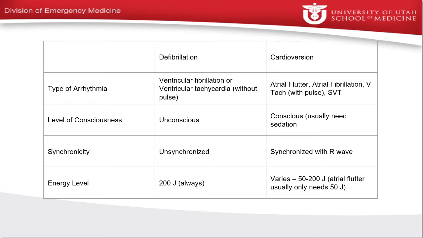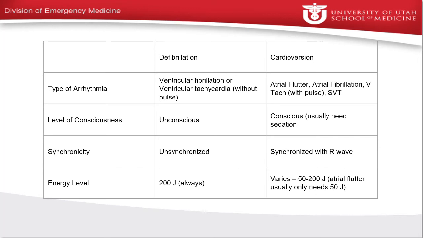With defibrillation, our shock is unsynchronized, but with cardioversion, we are synchronized with the R wave. Your energy level for a defibrillation is 200 joules always, whereas with cardioversion, you can vary it, 50 to 200 joules. But usually you're going to use a higher dose to try to cardiovert them.